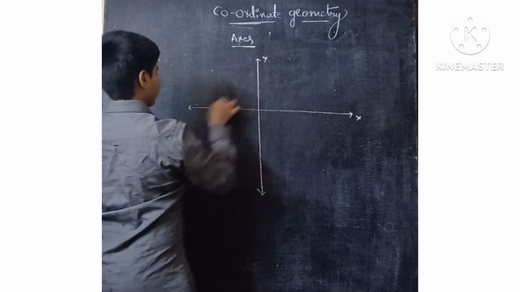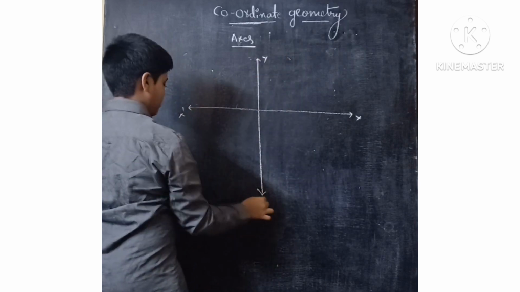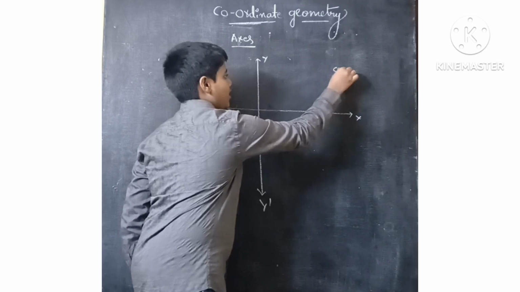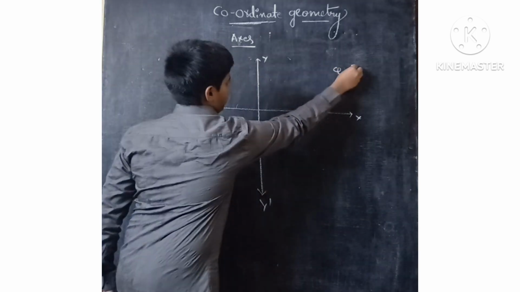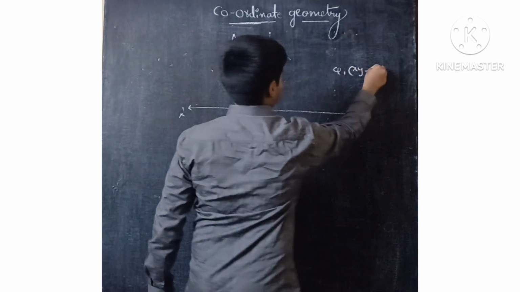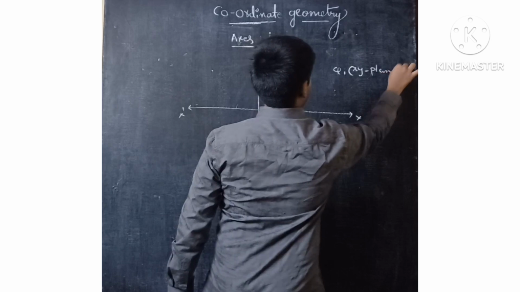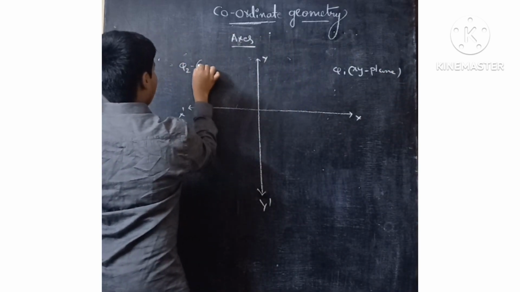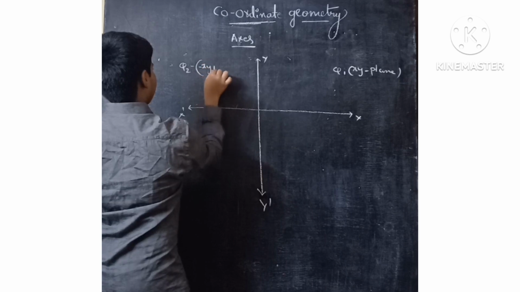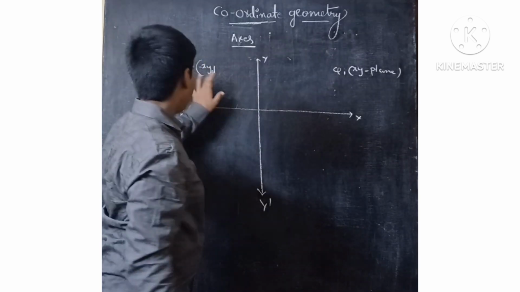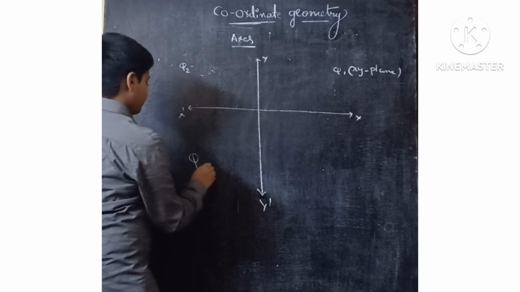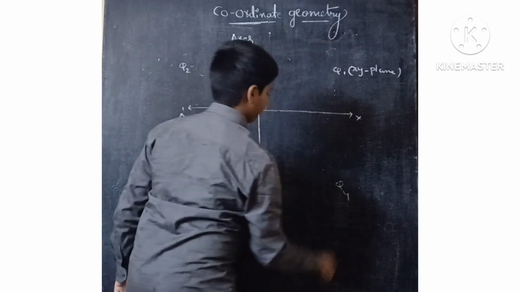X-axis, y-axis, x dash, y dash. In this, this is quadrant 1, which is the xy plane, and this is quadrant 2, which is the minus x, y plane, which means only x is negative. This is Q2, quadrant 3, quadrant 4.